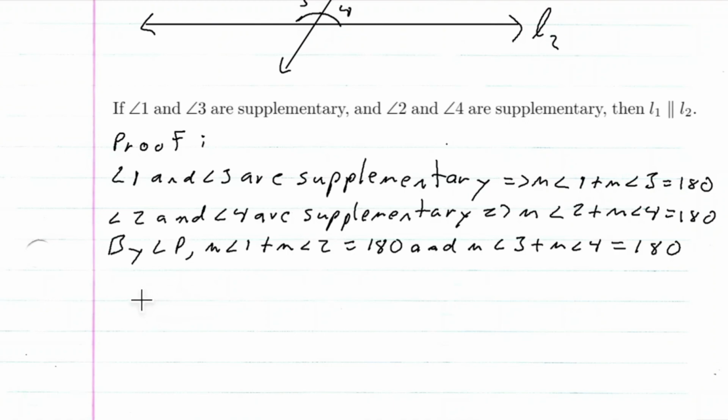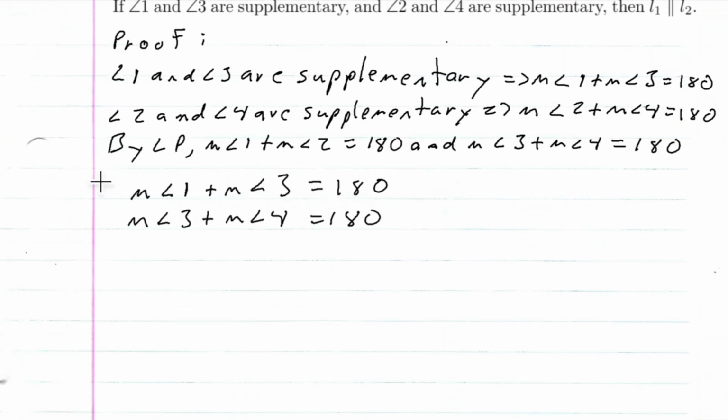We know that the measure of angle 1 plus the measure of angle 3 is equal to 180. And we know the measure of angle 3 plus the measure of angle 4 is equal to 180.